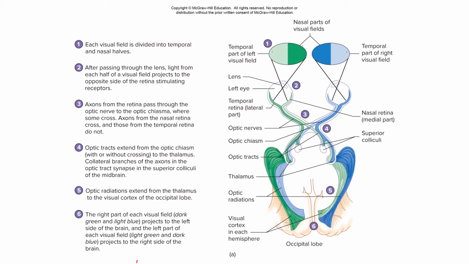Okay? So, the right part of each visual field, or the dark green and light blue, projects to the left side of the brain, and the left part of each visual field, the light green and the dark blue, projects to the right side of the brain. Okay?